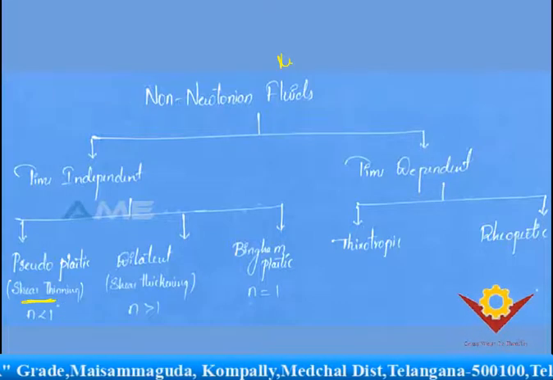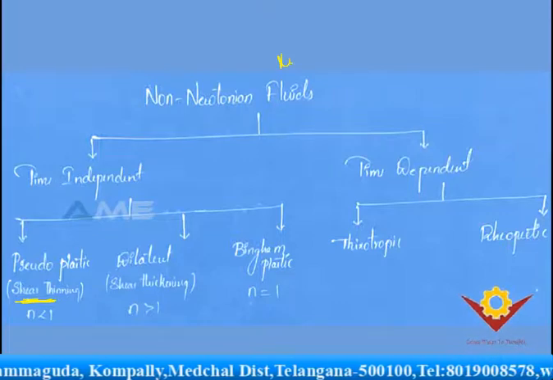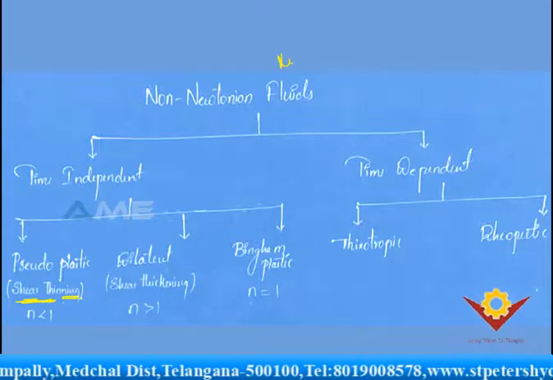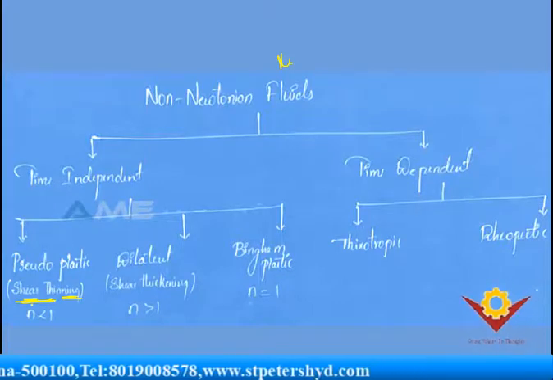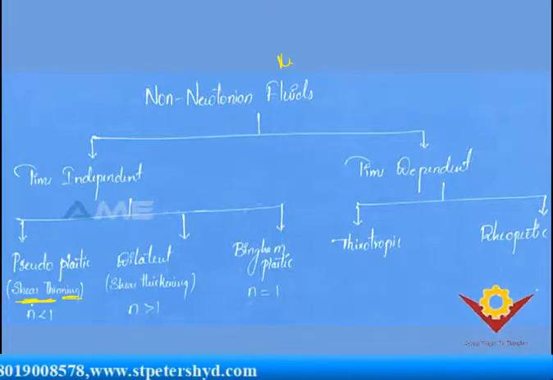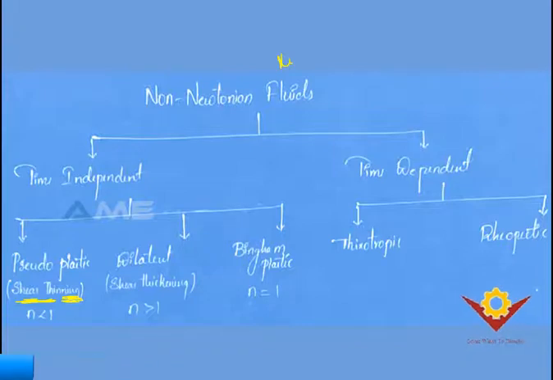When you're shearing that paint, it turns thin. That means at first, if you look at the paint, it will be a thick one, but as you brush it or shear it on a wall, it will be thin. It will turn into a thin layer. And this flow index, which is n, will be less than 1.